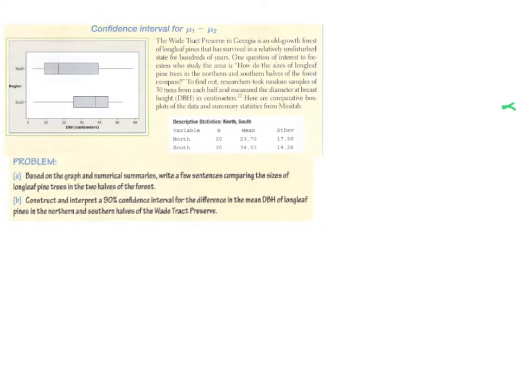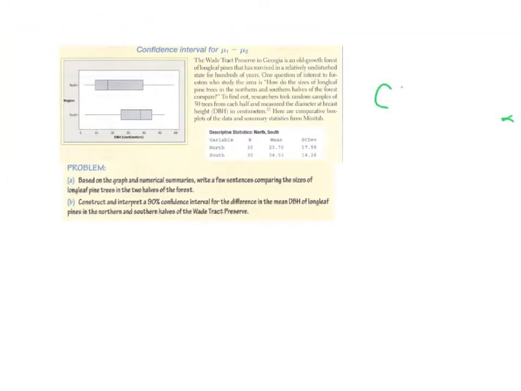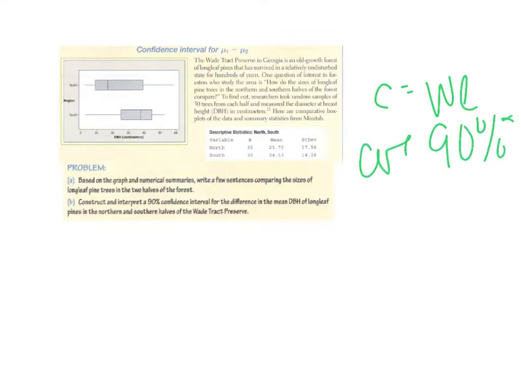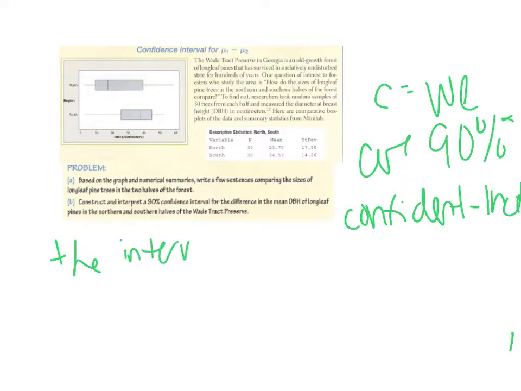So we need to actually interpret what is happening here. We are 90% confident, because this one asks for a 90% confidence interval, that the interval was 3.9362 to 17.724.